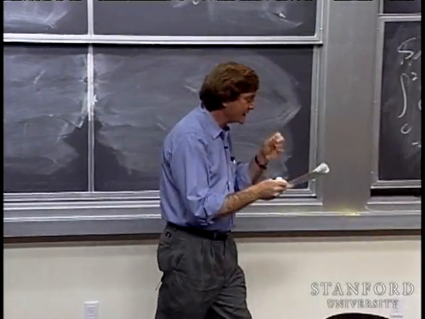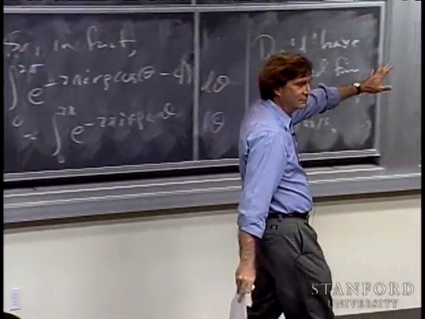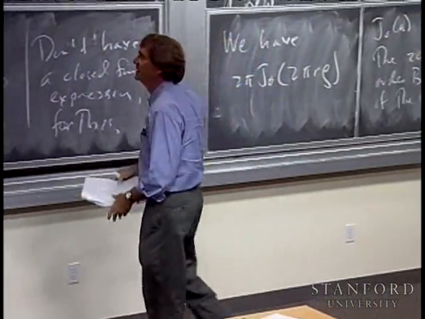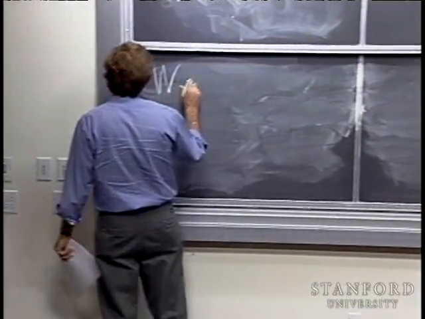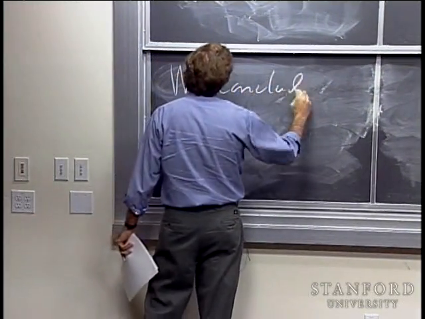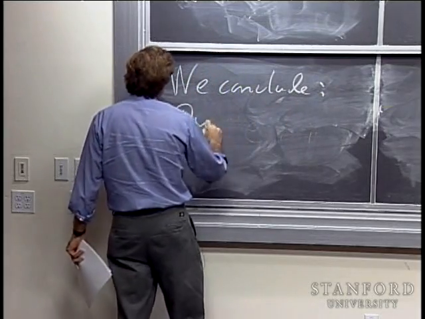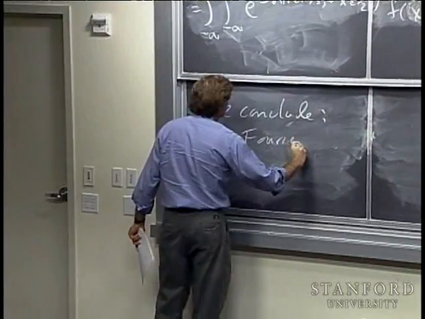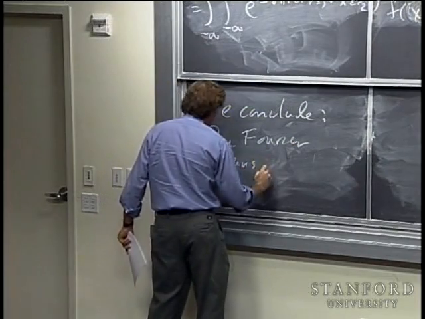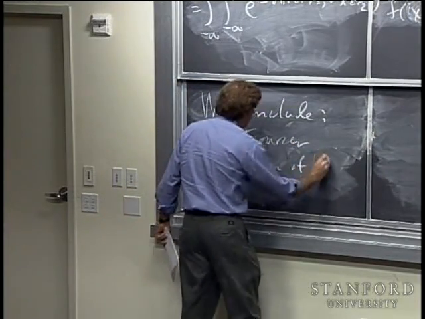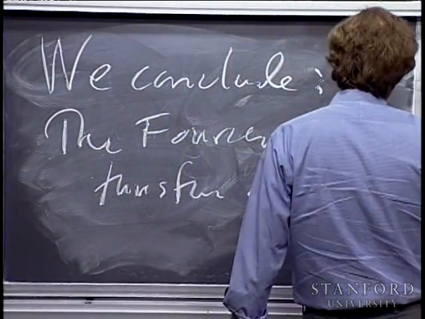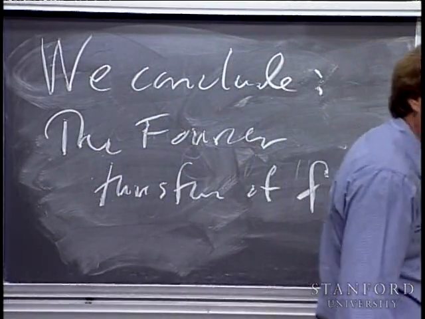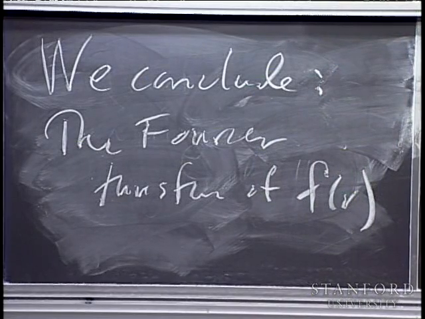So now, what is the consequence of this for us? So now we conclude, all right, the Fourier transform of f of r, a radial function, and we see that it's going to be a function only of rho, not of phi, because the phi is gone.